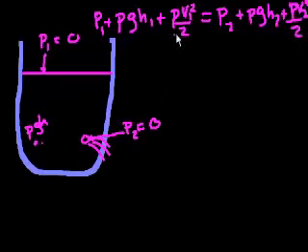And I think you understand that this term is pretty close to 0 if the rate at which the surface moves is very slow, if the surface area is much bigger than this hole. So it's like if you poked a hole in Hoover Dam, that whole lake is going to move down very, very slowly, like 1/1,000,000th of the speed at which the water's coming out at the other end. So you could ignore this term.